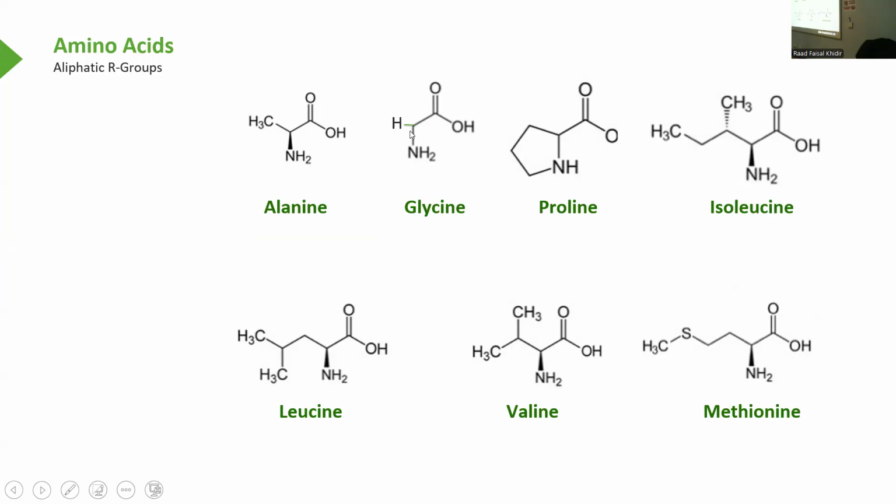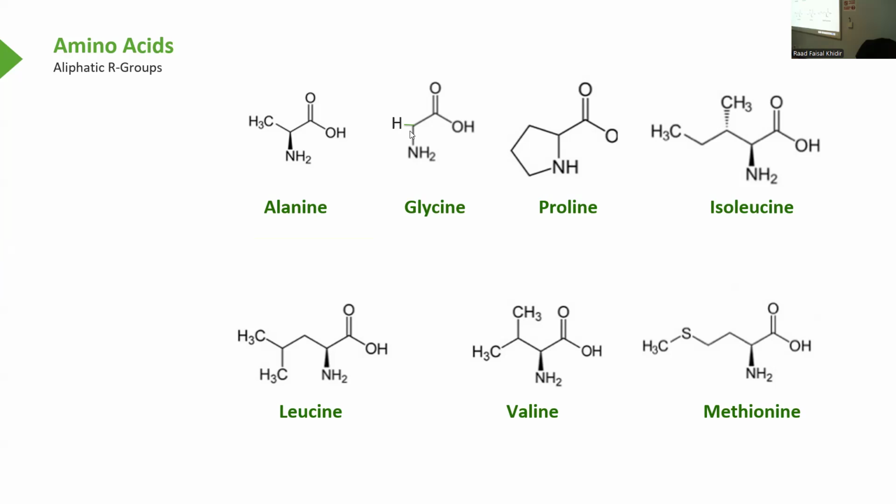When the R substituent is itself a hydrogen, it cannot have 2 hydrogens, so it's achiral. What's the only amino acid that is achiral? Glycine.